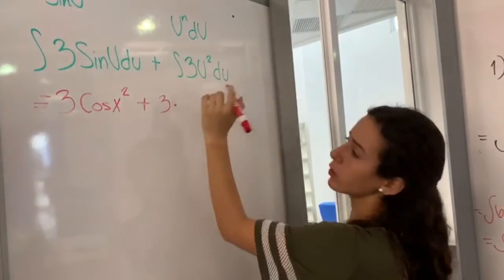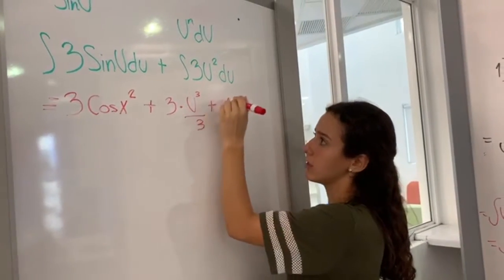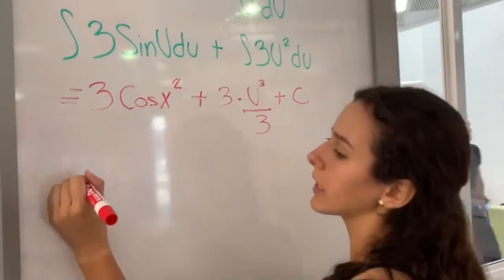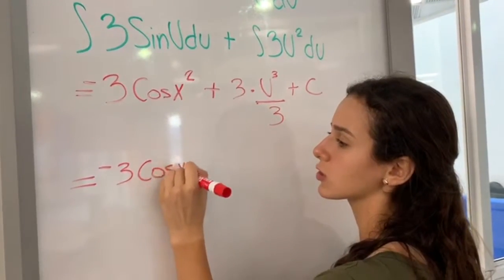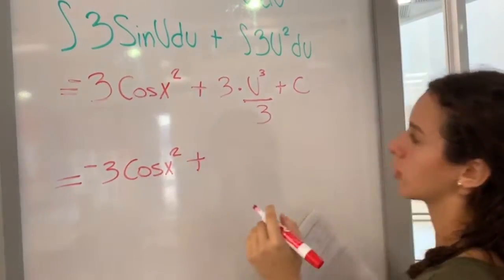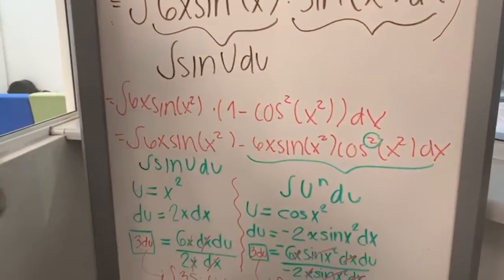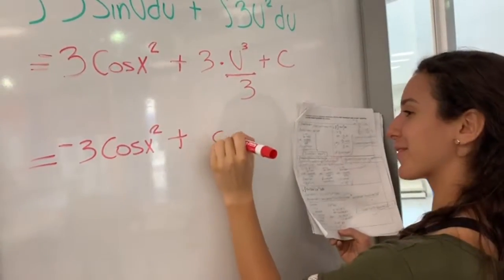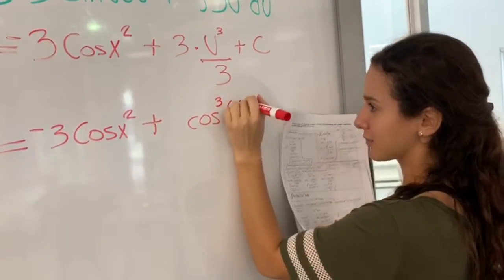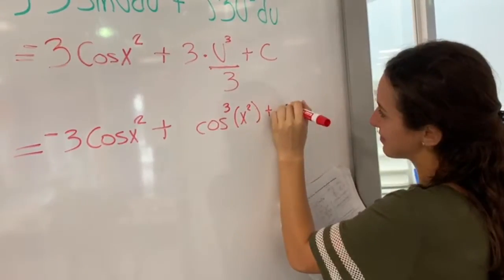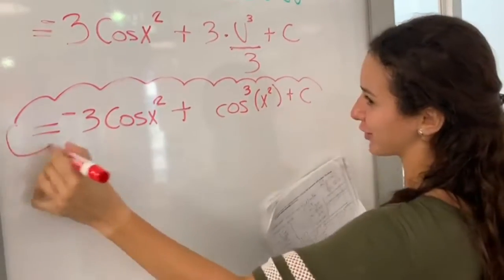Since it was u squared, we change it to u cubed over 3, and we add the c, always at the end. We're gonna rewrite our final answer, which is gonna be negative 3 cosine x squared plus, the 3 cancels, so it's gonna be our u, which was cosine x squared, cubed, because it's in here, plus c, and that is going to be our final answer after integration.